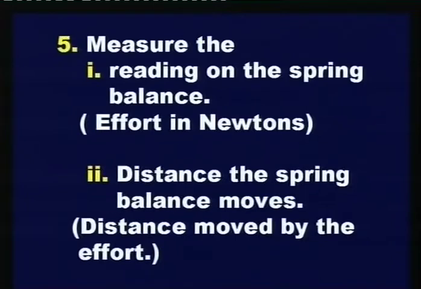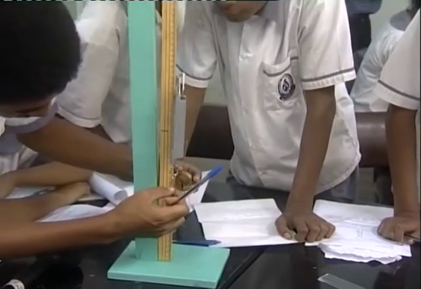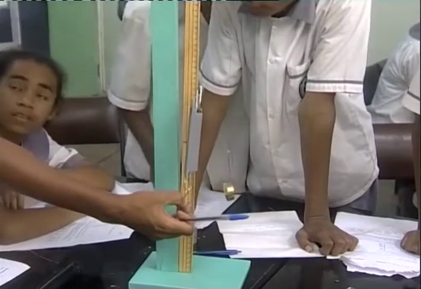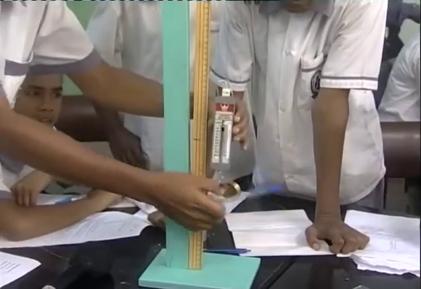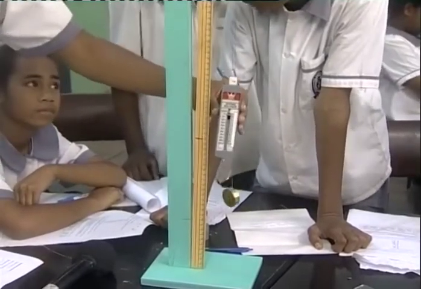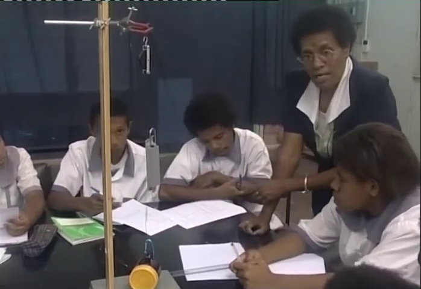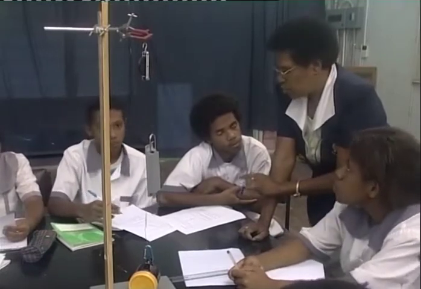Now, when you lifted your 500 gram up, the effort on the spring balance, you are using it as your force meter. It's telling you how much effort is needed to lift this 500 grams. So you said it's 400 grams, which is equals to 4 newton.